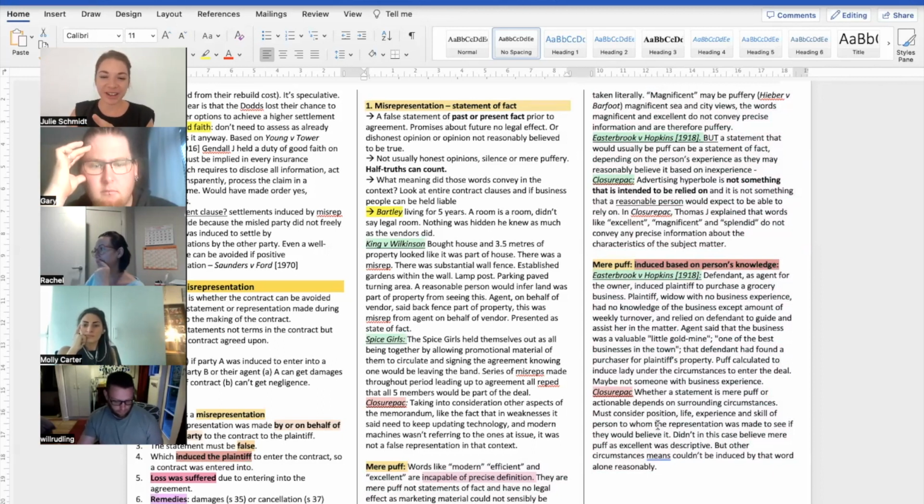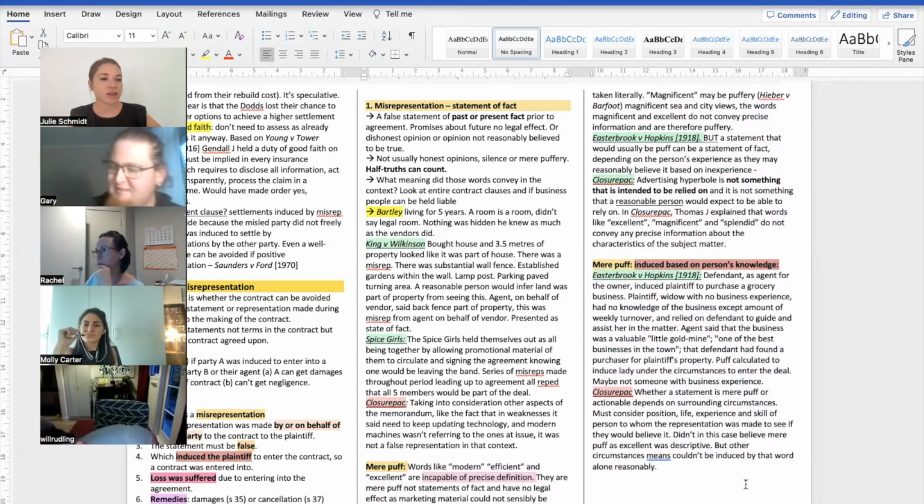In Carlill, excellent was capable of being defined. But let's say it's, this was the most amazing tutorial. Is that actually a statement of fact? Because what does that mean? An amazing tutorial might mean different things to different people.